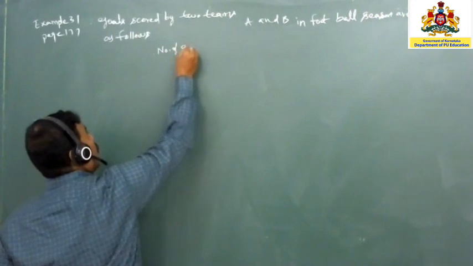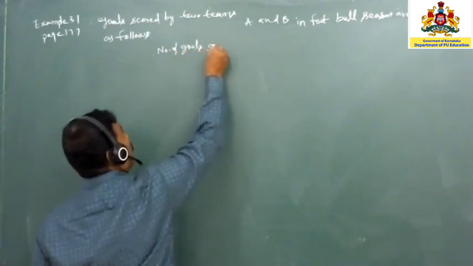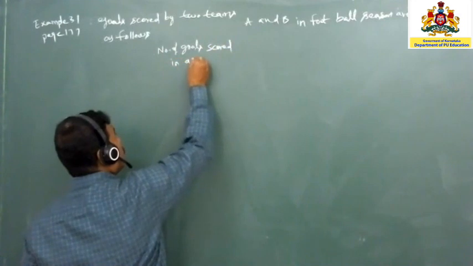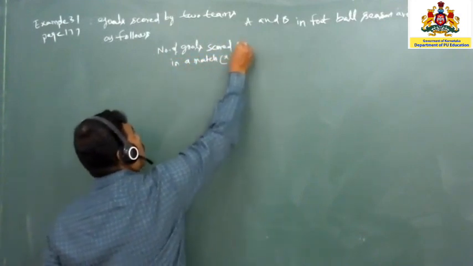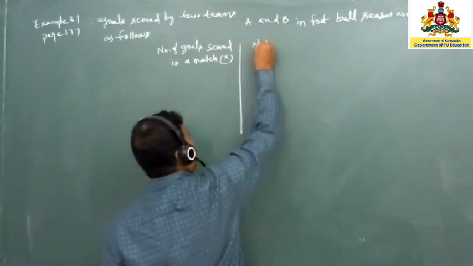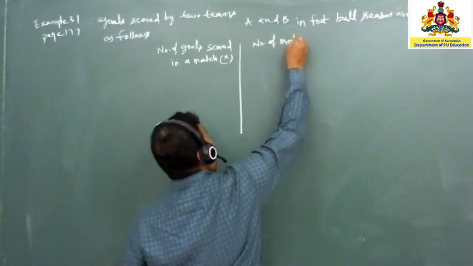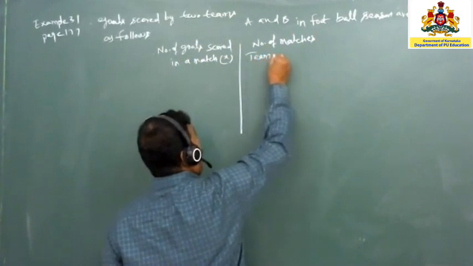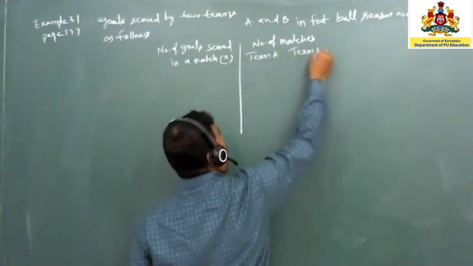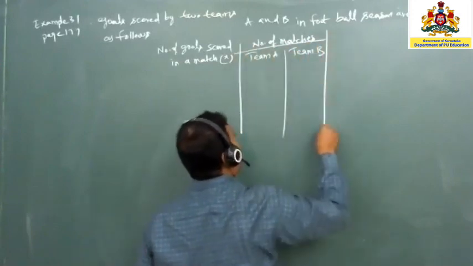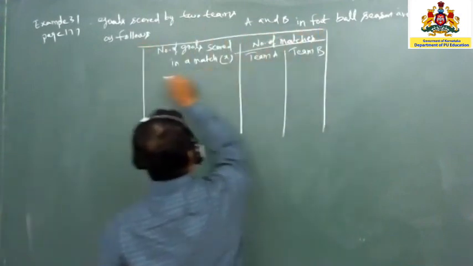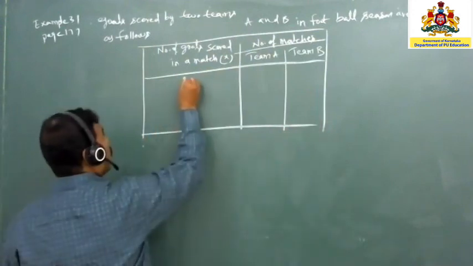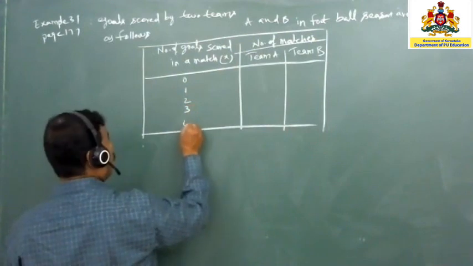Number of goals scored in a match is x. Number of matches, team A, team B. X values 0, 1, 2, 3, 4.